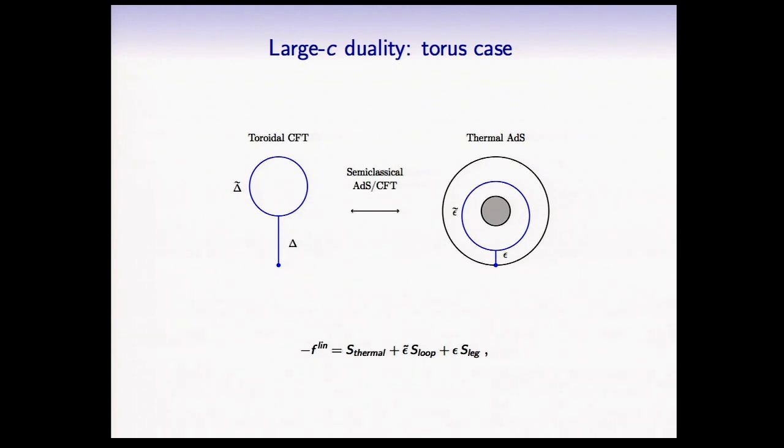And the block-length correspondence in this case claims that a linearized conformal block is equal to this sum of three terms, where the last two terms are just the lengths of this external leg and a loop, and the first term is just the gravitational action evaluated on the thermal AdS background.